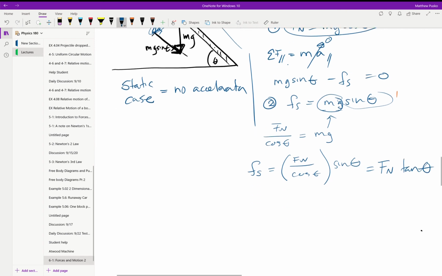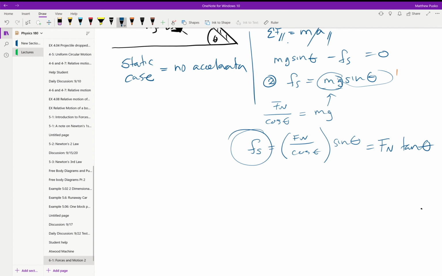Alright, what is this equal to? Well, we said the static friction is equal to mu times the normal force. Well, if that is equal to the normal force times the tangent of theta, cancel, cancel, we get mu static equal to the tangent of theta.